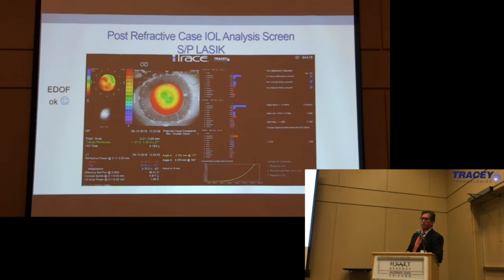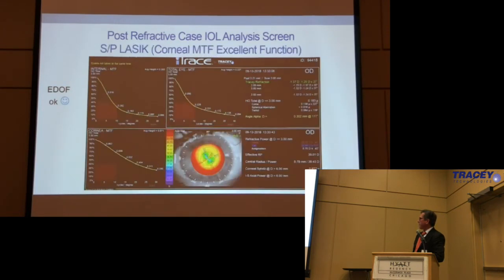It's the only place you're going to find it in your main screen. It's not going to be on the Chang analysis. We have to go to the IOL analysis screen to look at our corneal higher-order aberrations. And as you can see, she's got 0.08. Her angle alpha is pretty good at 0.3. So she's a well-centered ablation. She has very little aberration in her cornea.